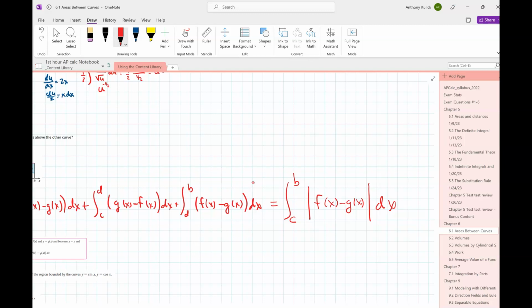But how are we going to integrate an absolute value function? Having the absolute value as the formula is not that helpful to us, because in practical terms, what are we going to do? We're going to find out where the sign flips and do exactly what our intuition would have said for us to do.